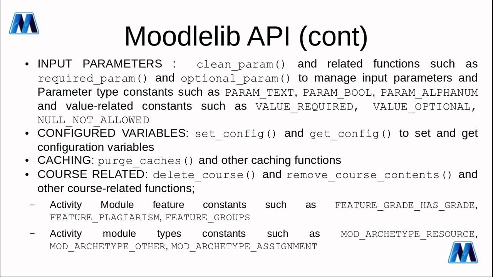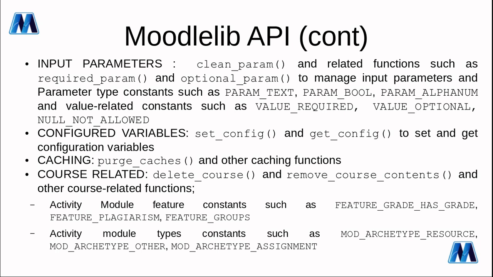Then you have value related constants, such as value required or value optional, all related. Then you've got configuration variables like set config and get config to get global configuration settings. Then you've got caching. Purge caches is a useful one to have because you do a lot of that when you're a developer of plugins in Moodle.